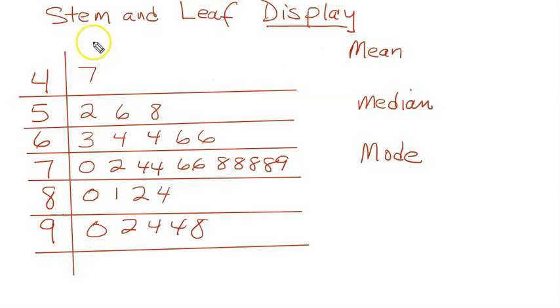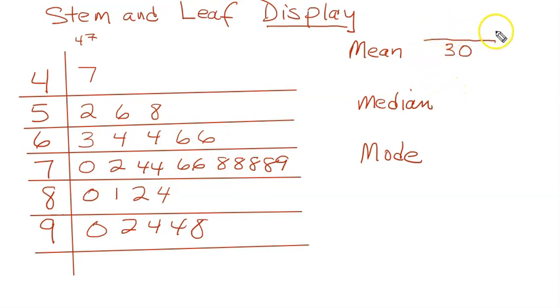So this number here is actually 47. This number here is 52, 56, 58. So we're going to give you some class time, and you're going to have to convert all of these to this, get a grand total, and then divide it by the number of items of data, and there are 30.